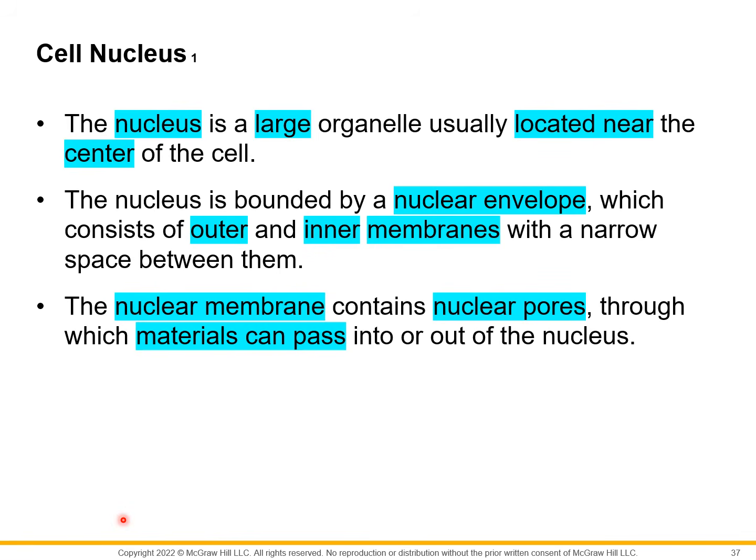First structure that we would be talking about is the nucleus. So the nucleus is a large organelle that is usually located near the center of the cell. But again, as we progress through this semester, malalaman po natin hindi lahat ng nucleus ay necessarily nasa gitna ng cell. There may be other cells out there where the nucleus is on the edge or at the side of the cell.